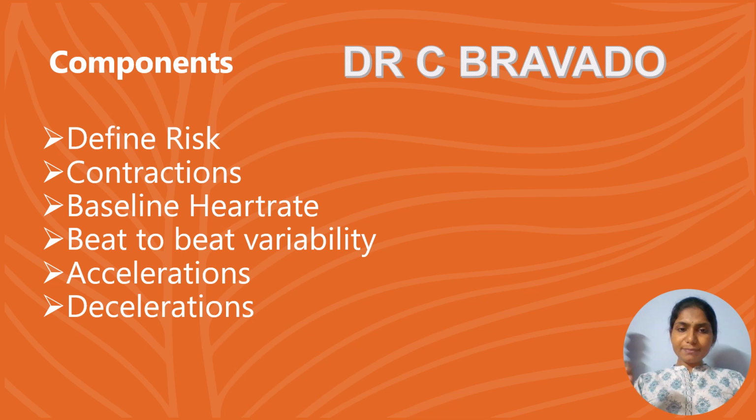From this basal heart rate, if there is a 15 beats per minute increase, we define it as an acceleration and it should last for at least 15 seconds. And the last one is decelerations. We will discuss decelerations in great detail in our next slide.